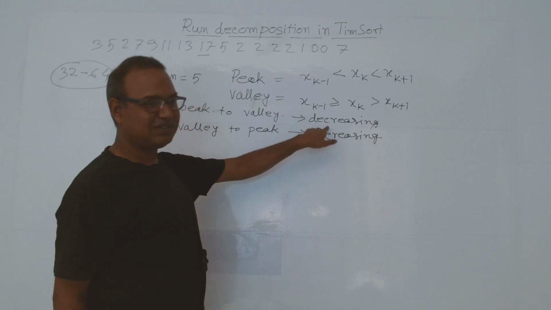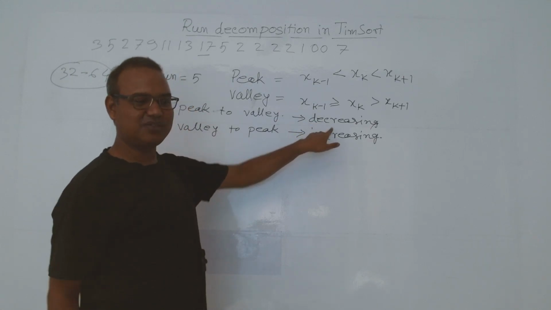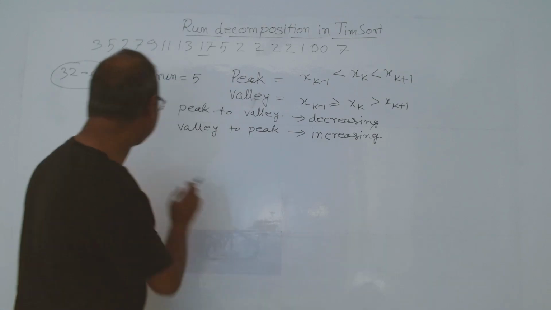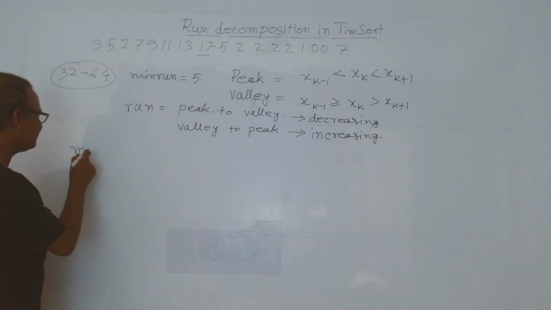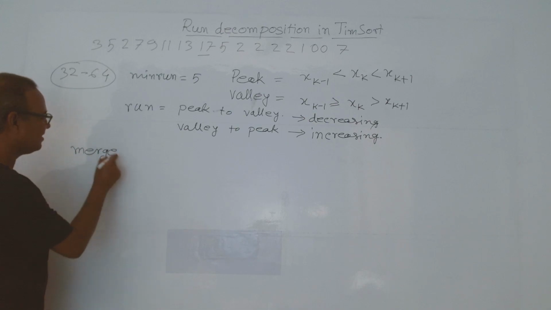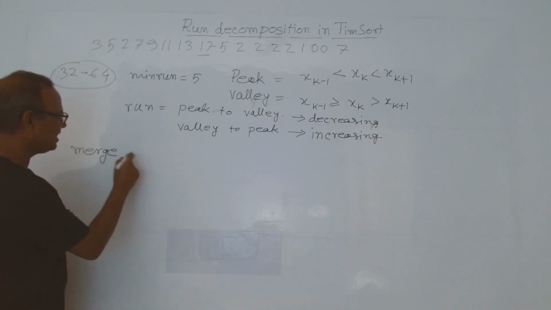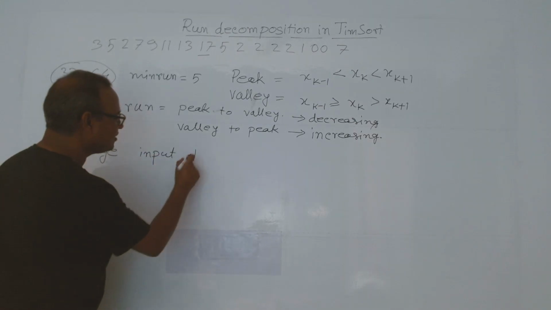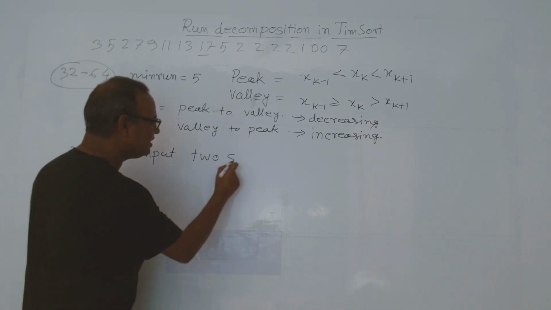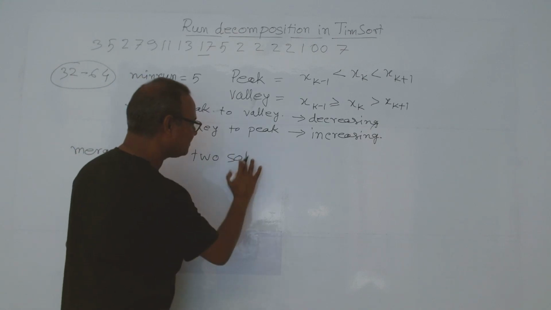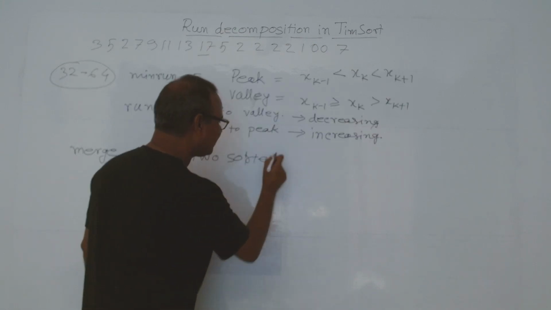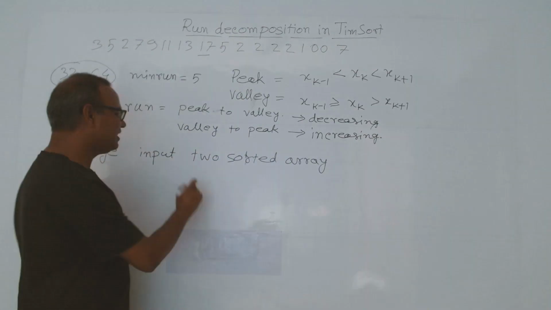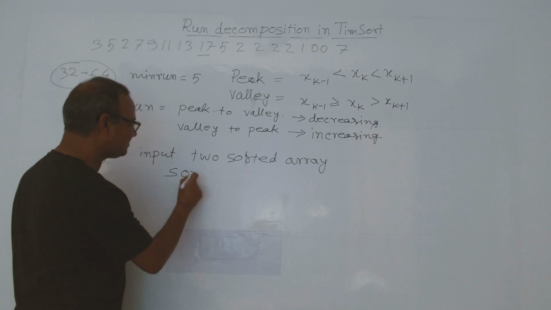How do we handle this decreasing run? When we take the merge function, how does the merge function work? The merge function takes as input two sorted arrays and returns a sorted array.